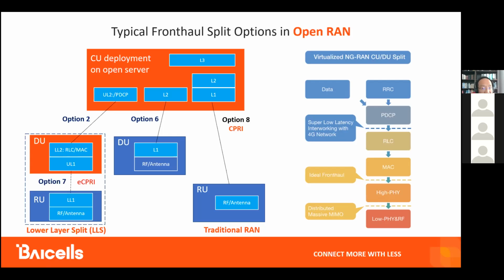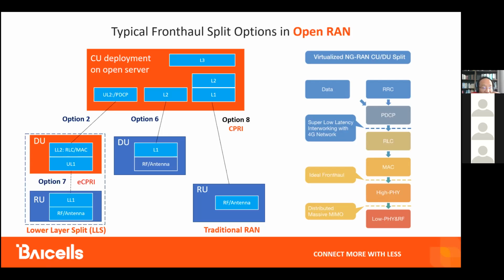Open RAN is focusing on option 7 because option 7 has the benefit of simplifying the RU devices, so that you can move many RAN functions, including the upper layer 1 functions, into a DU, which can be placed relatively away from the tower in centralized locations such as a data center.